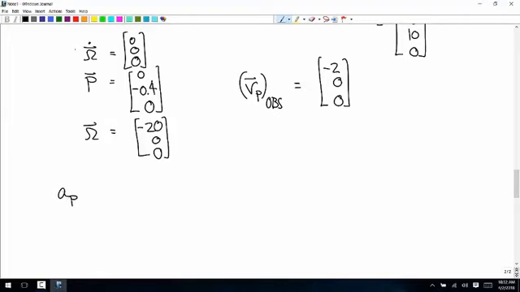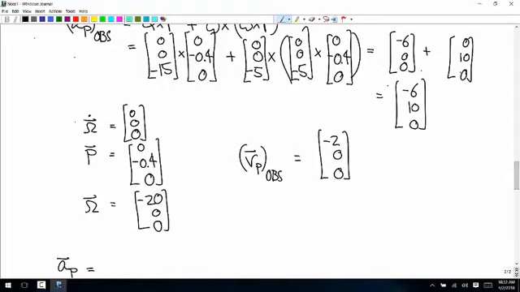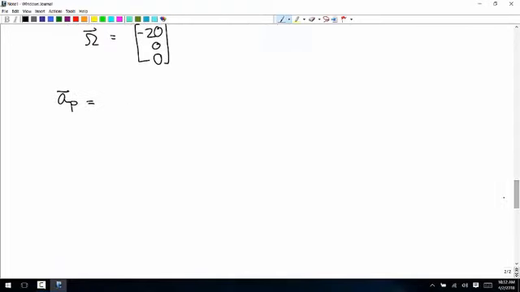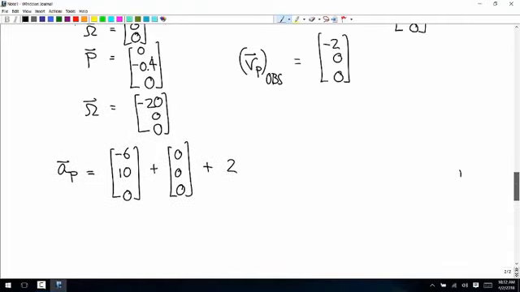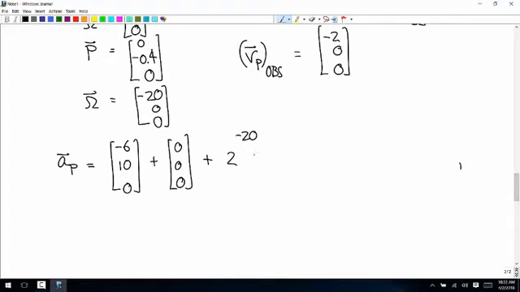The acceleration of the point P is equal to this observed acceleration, negative 6, positive 10, 0, plus omega dot cross position vector. Omega dot is 0, so that has to be 0. Plus 2 times the vector negative 20, 0, 0, crossed with the observed velocity vector, that's negative 2, 0, 0.